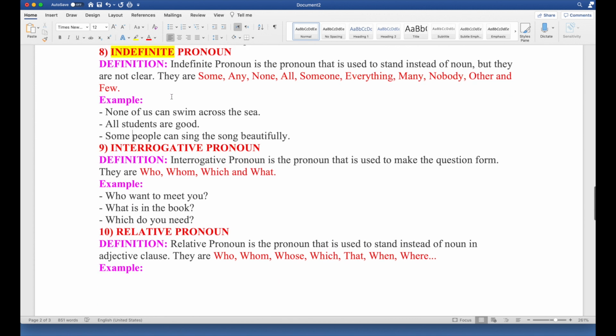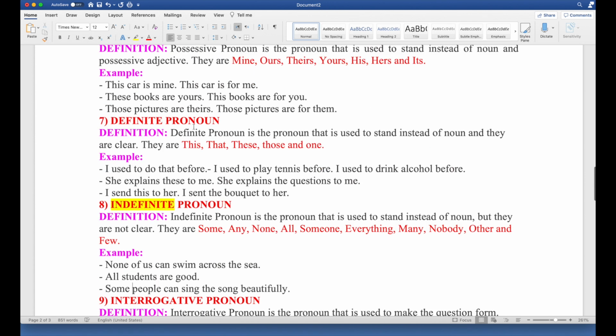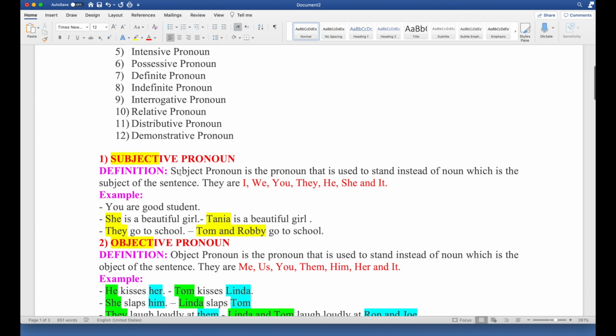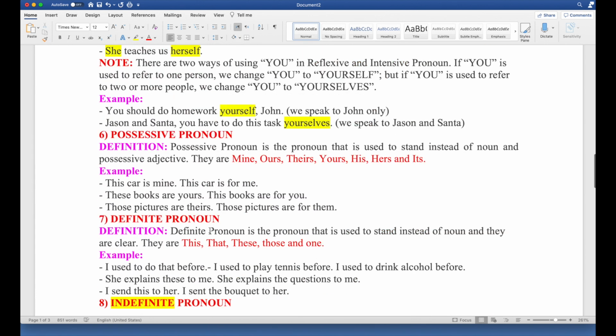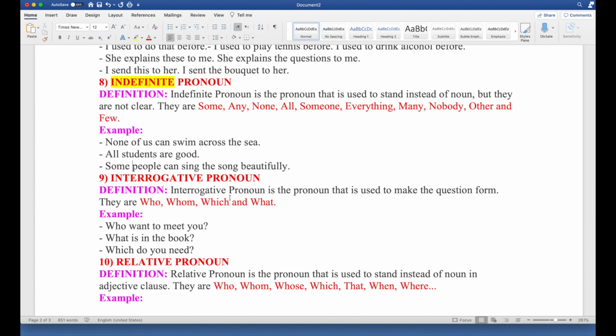Right? So that's for indefinite. And again, you don't need to know every single one of these. These are good to know. These definitely you have to know as a part of pronouns. And these, however, I'm just giving you this information for you to know them for later.